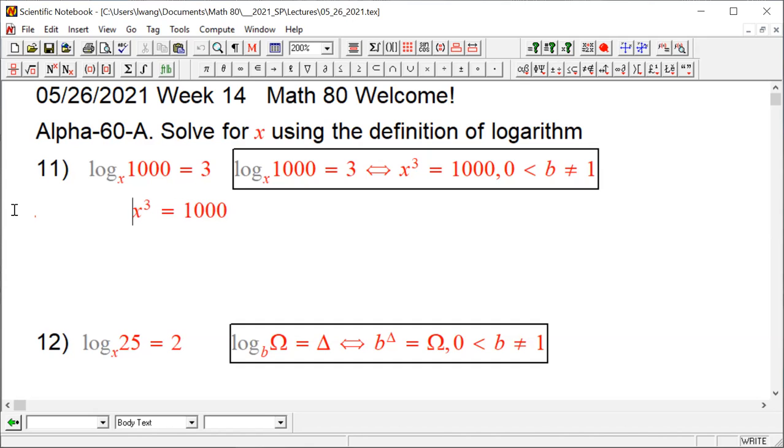If x raised to the power 3 is 1000, what will be x? What number raised to the third power equals 1000? 10, right? 10 to the power 3 is 1,000. You can also take a cube root on both sides if you want. In any case, x equals 10.